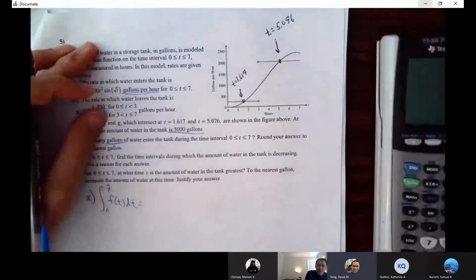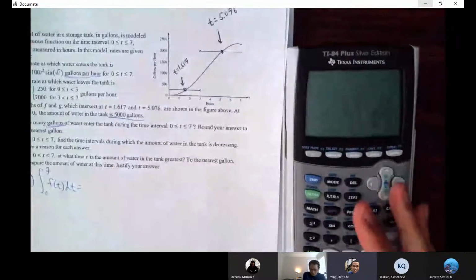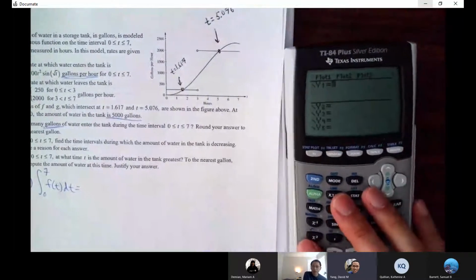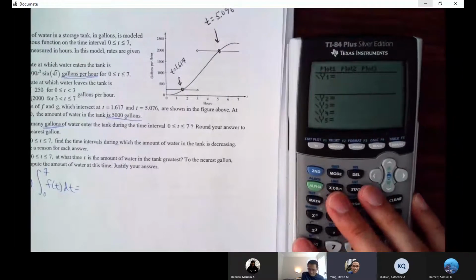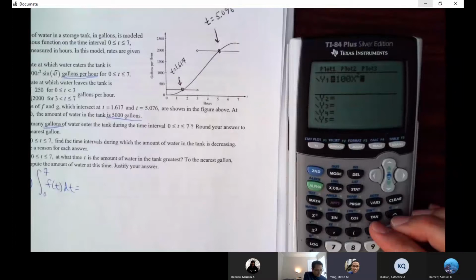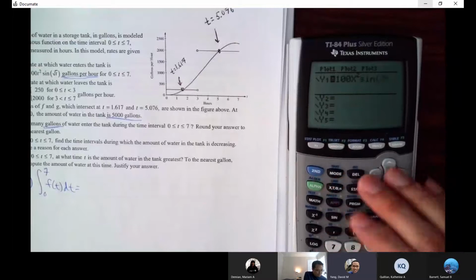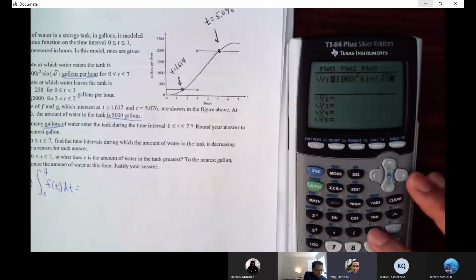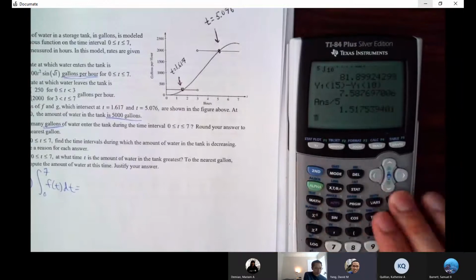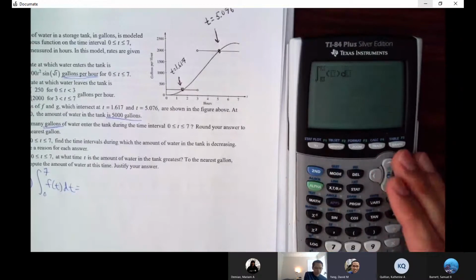All right, you can enter all this into your main screen. I'm going to put it under Y1. Again, make sure you're in radian mode. Main screen here, Math 9 from 0 to 7.